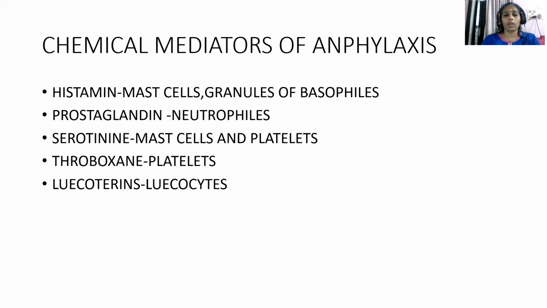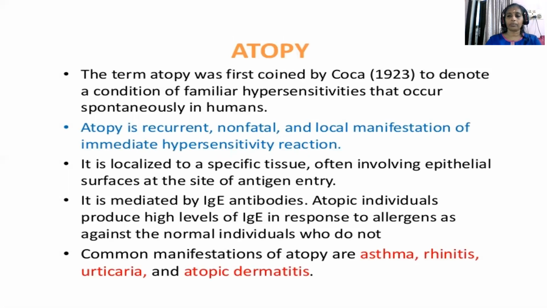Histamine is produced by mast cells and degranulation of basophils. Prostaglandins are produced by neutrophils. Serotonin is again produced by mast cells and platelets, thromboxane is produced by platelets, and leukotriene is produced by leukocytes. So these are the chemical mediators which help in type 1 hypersensitivity reactions.